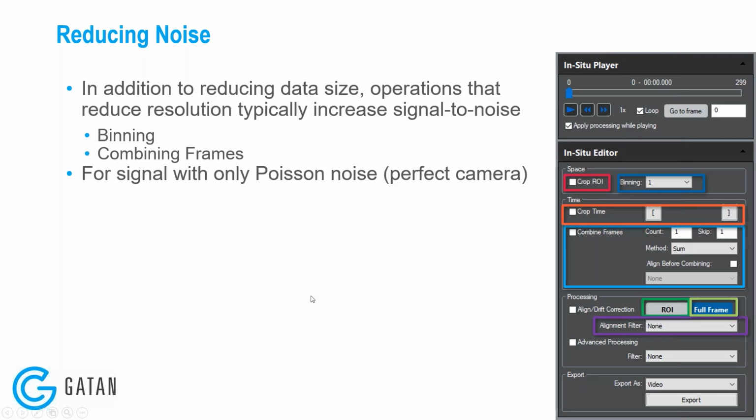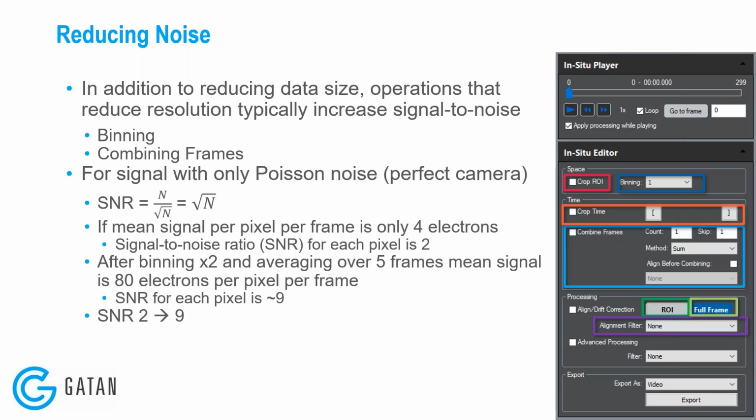If we consider, just for simplicity, a signal with only Poisson noise, a perfect camera, then the signal to noise ratio is the square root of the number of electrons. So if, for example, my signal per pixel per frame is only 4 electrons, in that case, my signal to noise would only be 2.